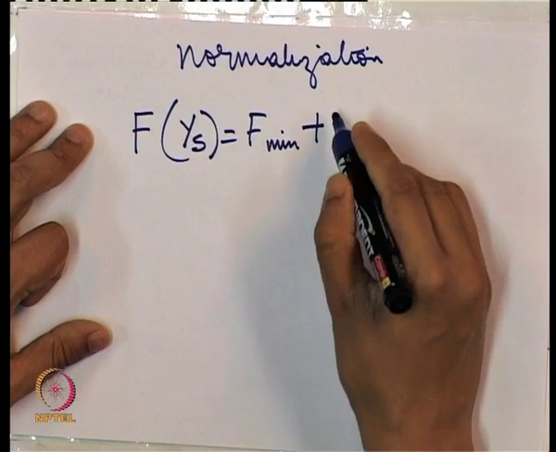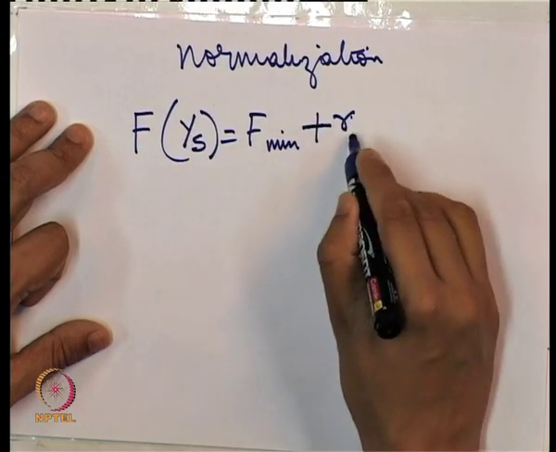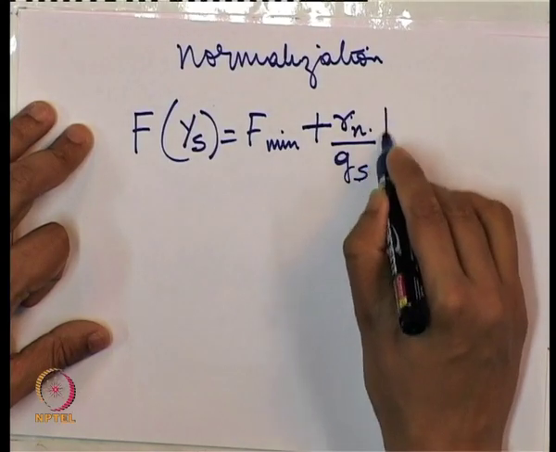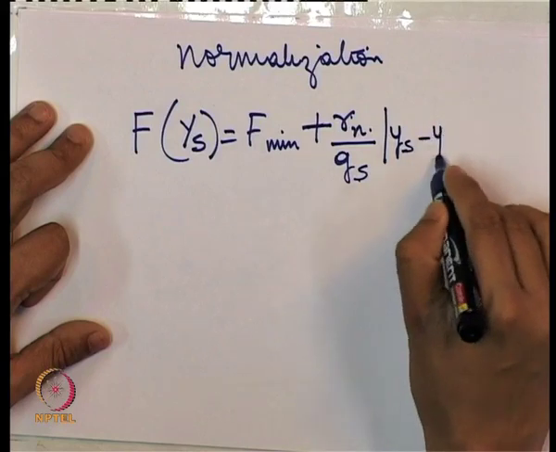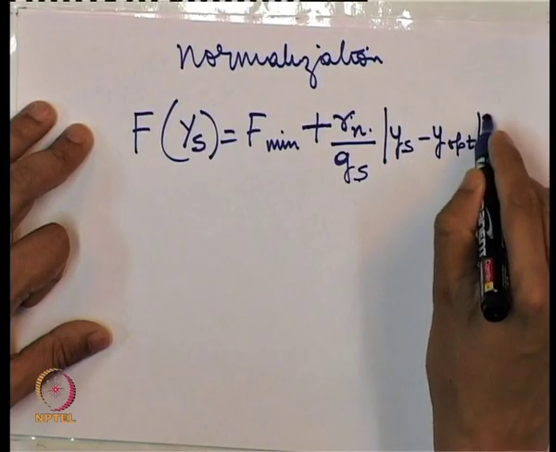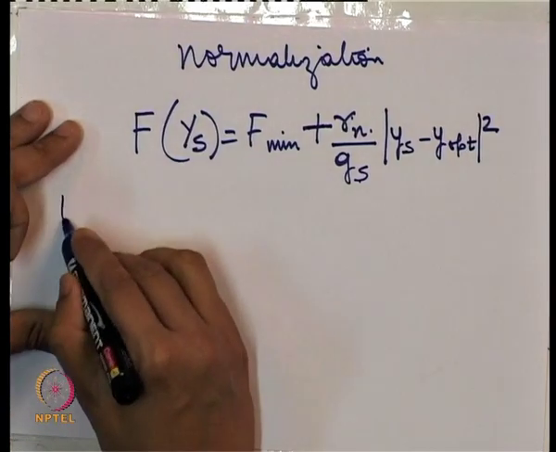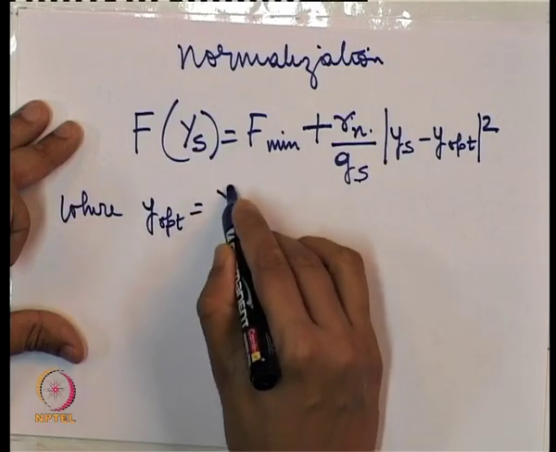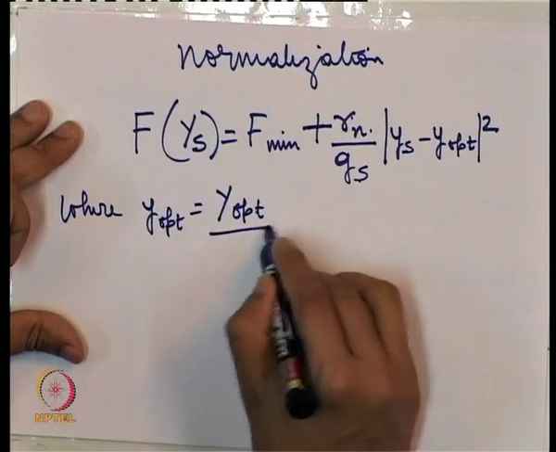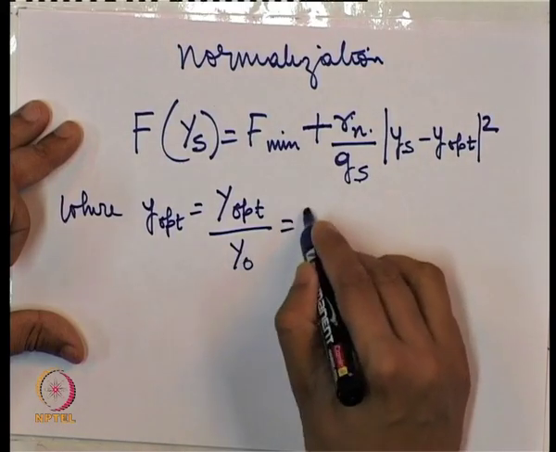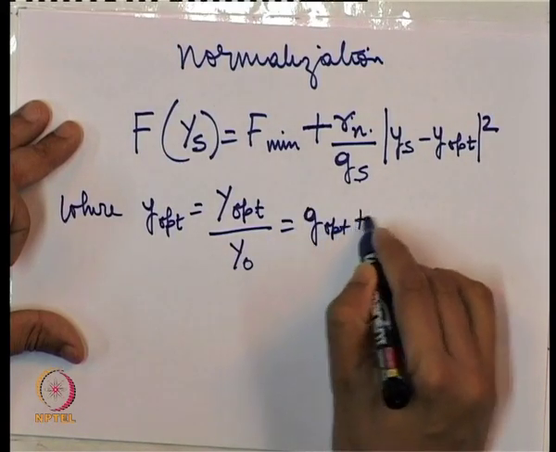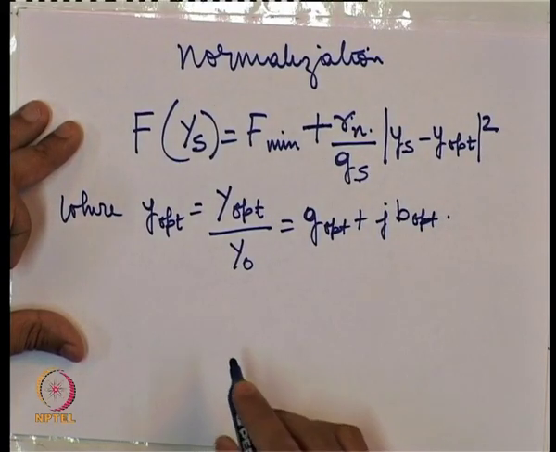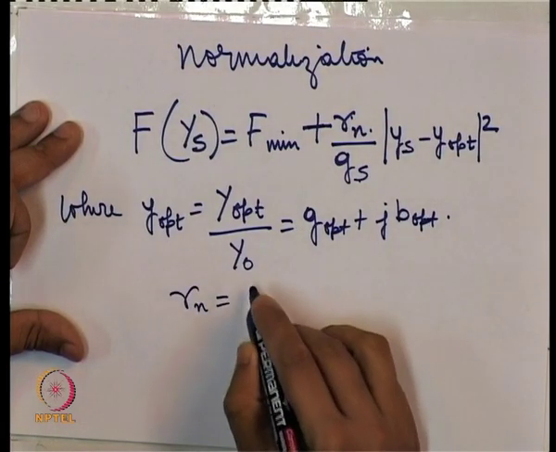Here I am not writing the argument T. Where small y opt is equal to Y opt upon Y0, and Rn is equal to the normalized value.